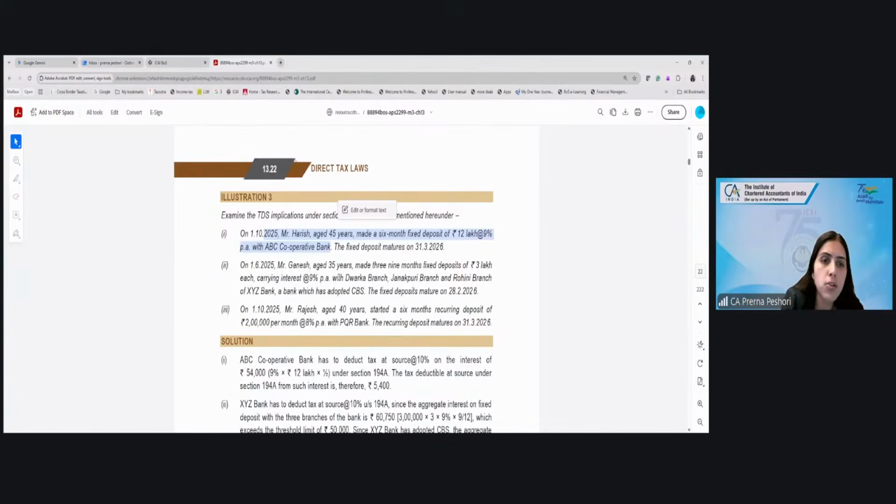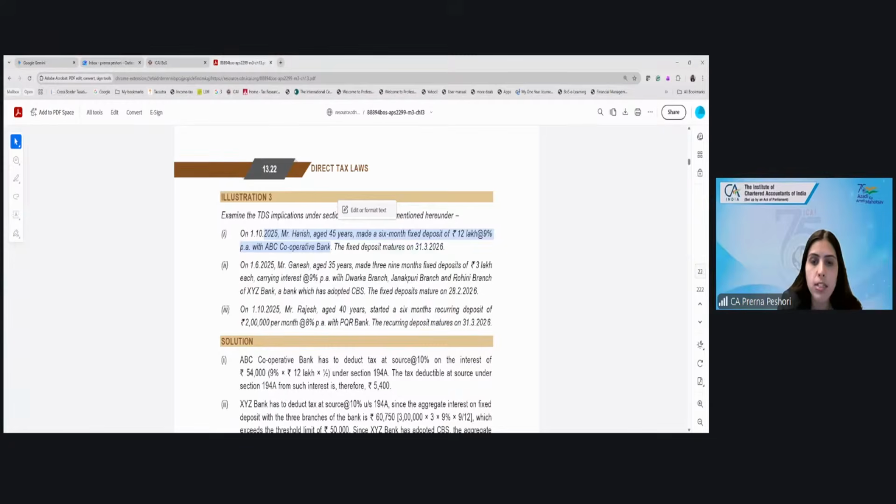Next, on 1/6/2025, Mr. Ganesh, age 35 years, made three 9-month FDs of 3 lakh each carrying 9% per annum with Dwarka branch, Janakpuri branch and Rohini branch of XYZ Bank, a bank which has adopted the CBS.